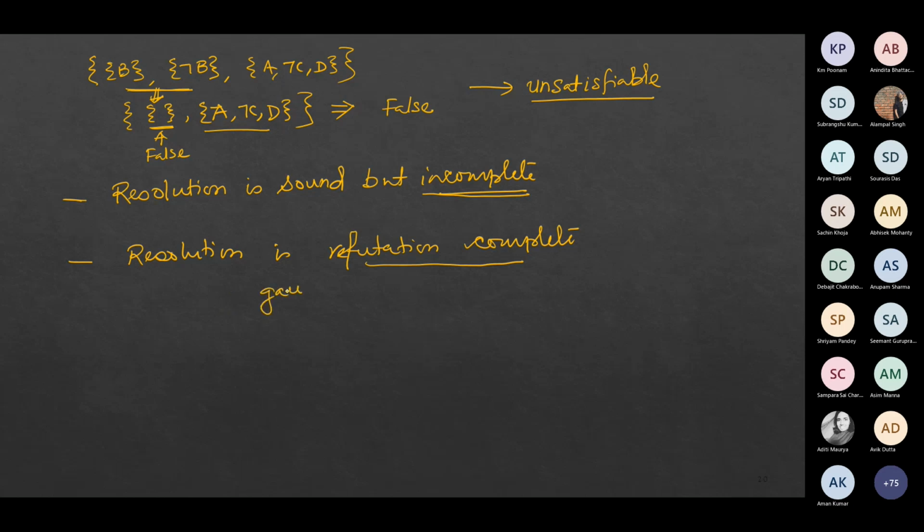We are guaranteed to derive an empty clause if delta is unsatisfiable.